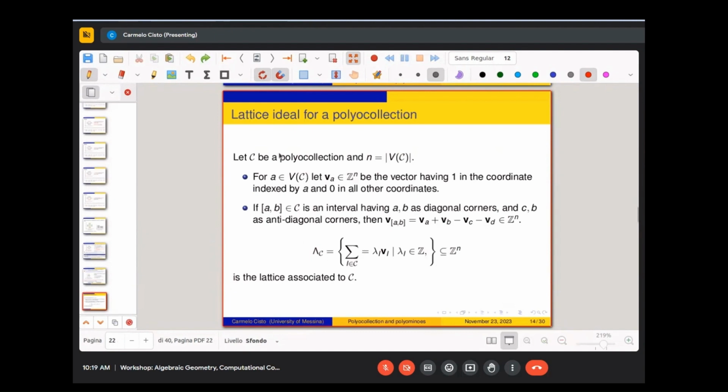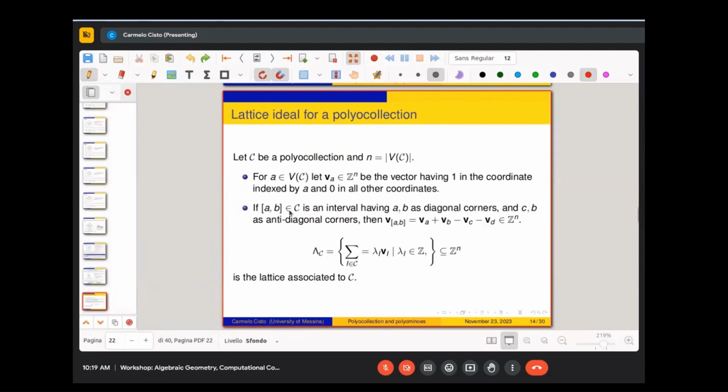For a polyomino collection, we set n the number of vertices of the collection. In Z^n, we introduce for each vertex a vector e_a, that is the vector having coordinate equal to 1 in the coordinate corresponding to a, and 0 in all other coordinates.